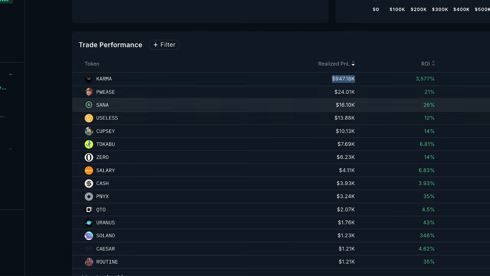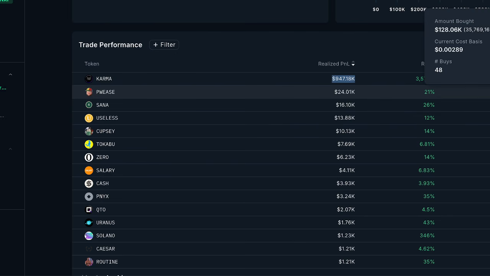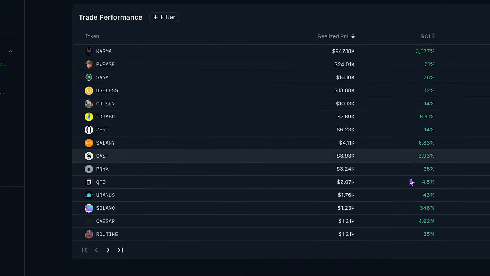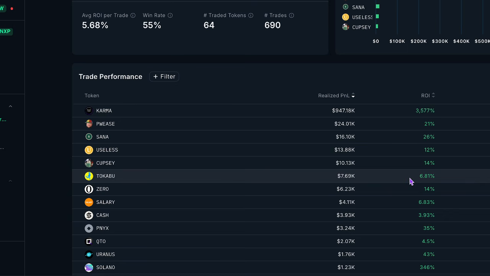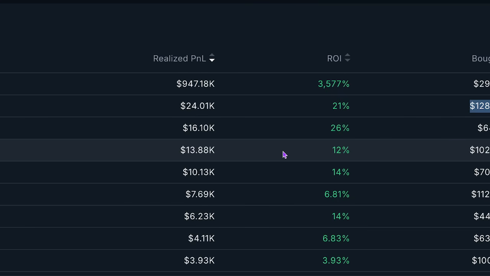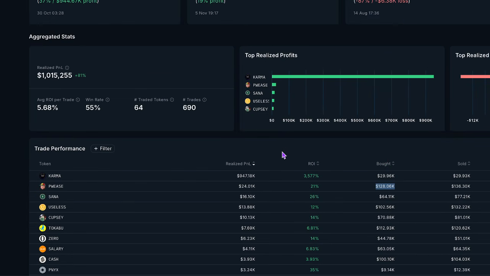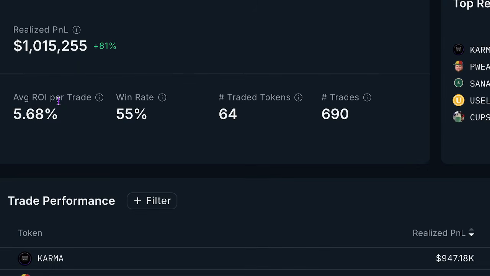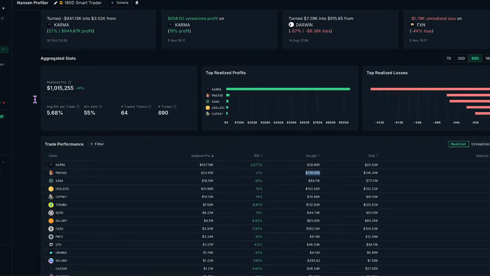Net P&L, initial investment, bought 124K, made 21%. You can see the P&L doesn't have to go all insane. However, he also bought useless quite early here with 100K. So this is obviously a whale that has a decent sized wallet, and you can see their P&L.